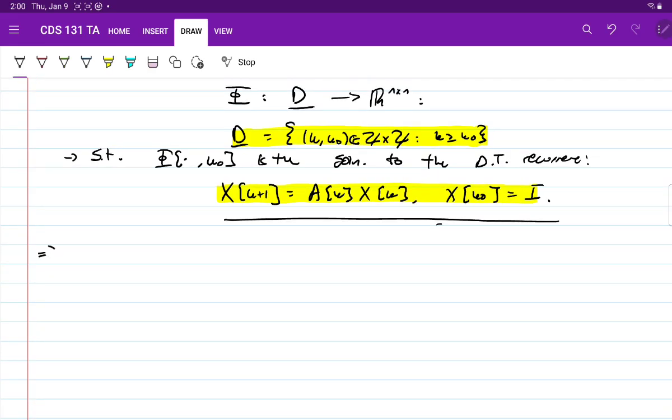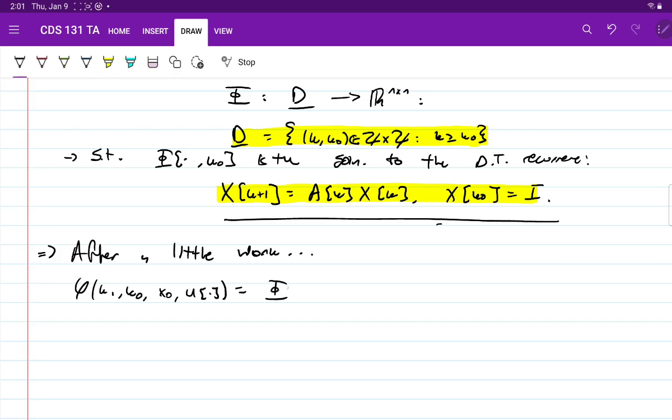Fantastic. So what you could then do, after a little work, is write down the solutions, phi at k1, k naught, x naught, u, in the form phi of k1, k naught, times x naught, plus the sum from j equals k naught up until k1 minus 1 of phi at k1, j plus 1, B at j, u at j.